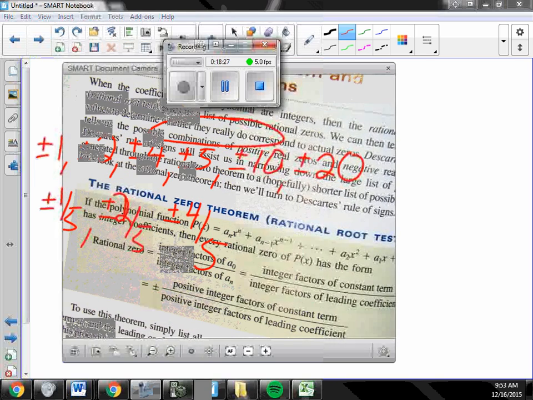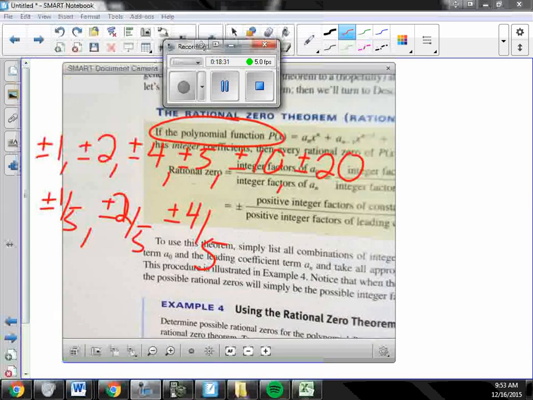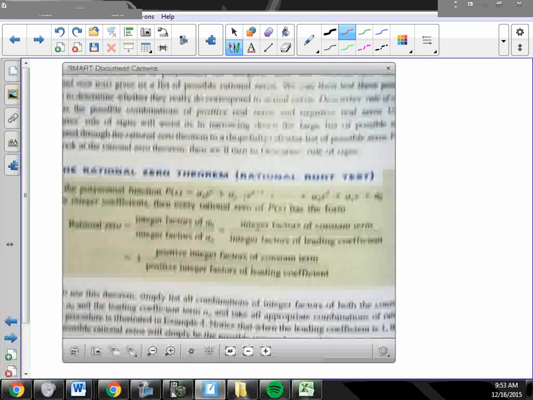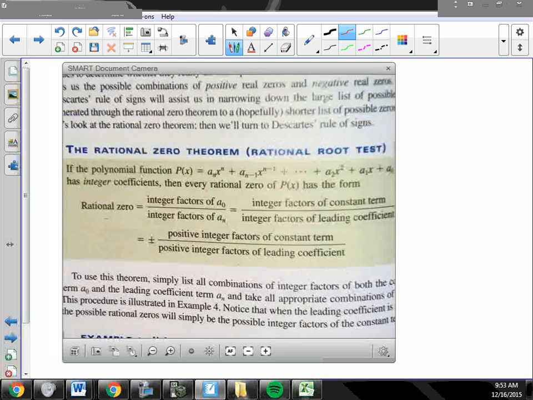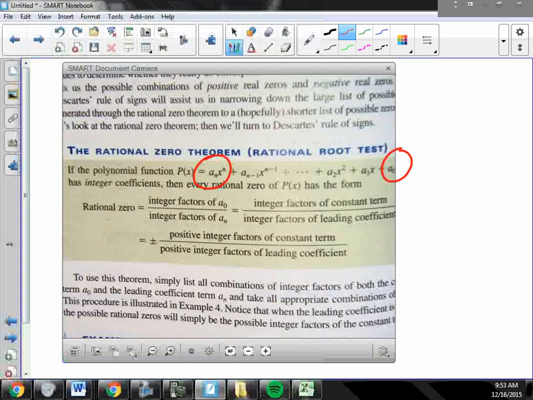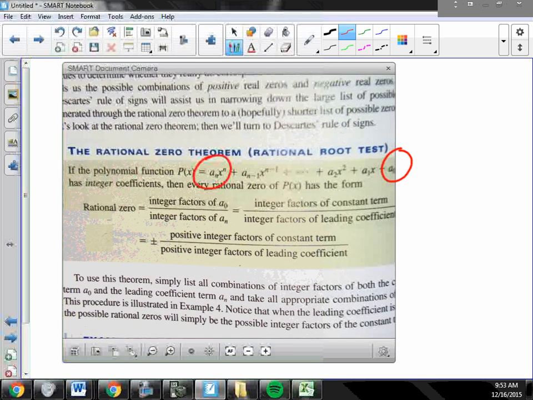So if you look on page 284 at the rational root theorem, the rational root theorem says for any polynomial, so we have a first term and a last term, that has integer coefficients. So all of the coefficients are integers, right? So 1.8 doesn't work.